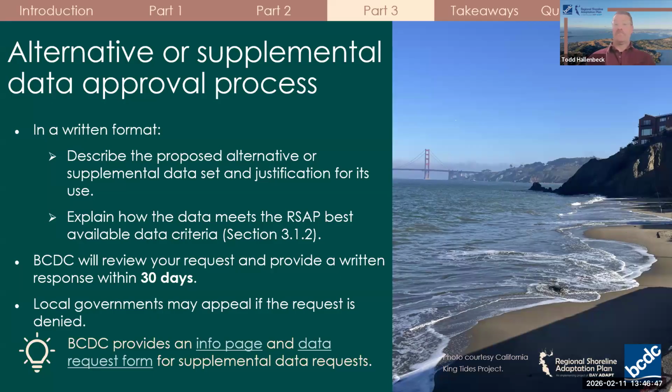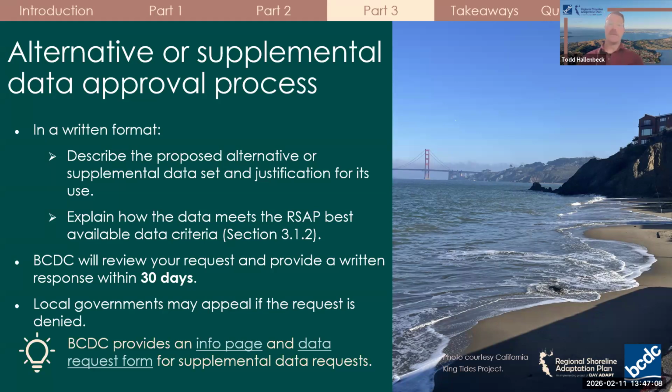If you do need to use alternative or supplemental data, you must submit a written request to BCDC. The request should describe the data and explain how it meets the best available data criteria outlined in section 3.1.2 of the RSAP guidelines.